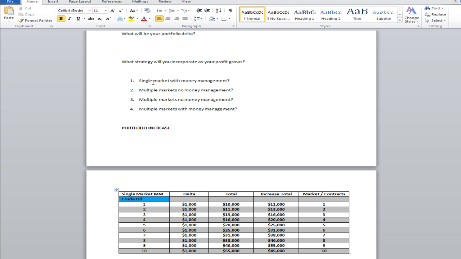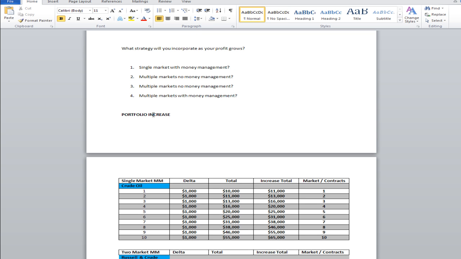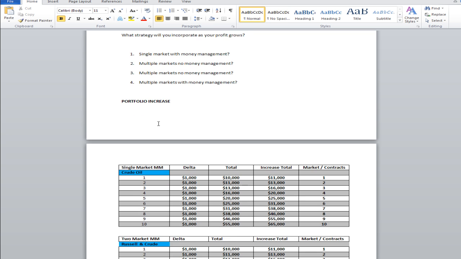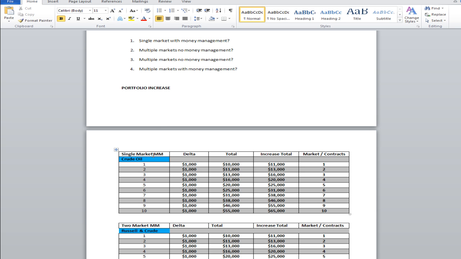The question that most of you will be answering as part of your trading portfolio plan is, what strategy will you incorporate as your profit grows? So will you use a delta rate of increase? So basically, will you trade with a single market with money management?